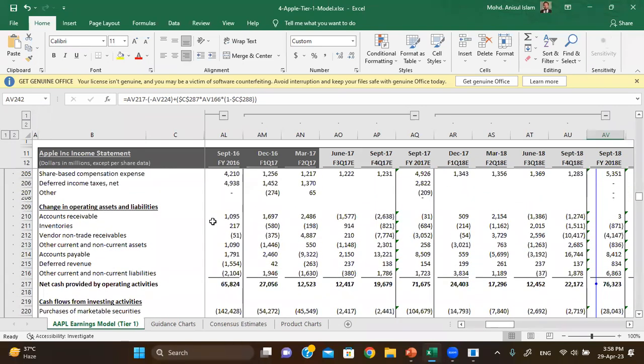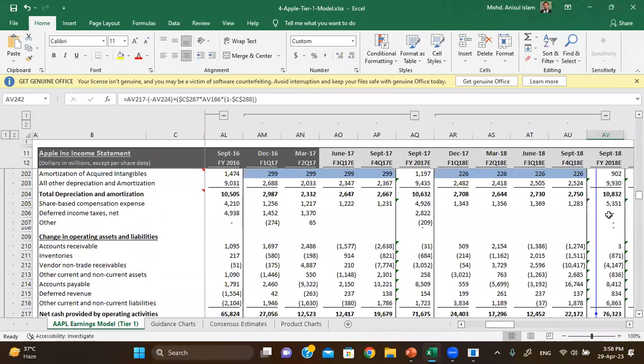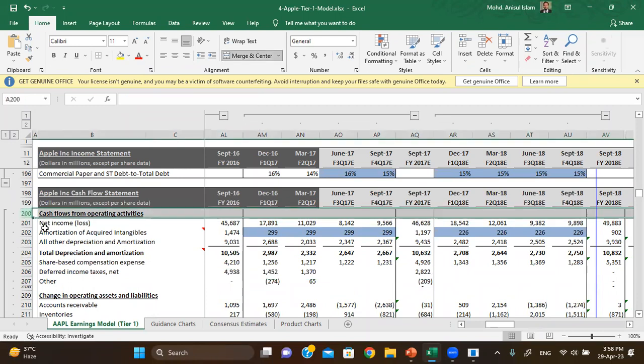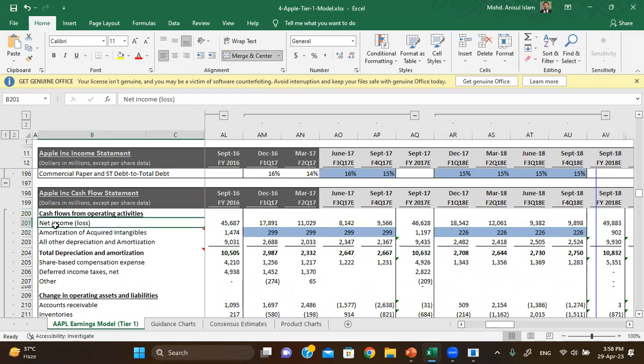So you see, cash flow from operating activities, right? So you start with what? The net income, and adjustments have been done for what? The non-cash charges. Primarily for your case, you should get the intangibles or the fixed asset depreciation. This has been added.